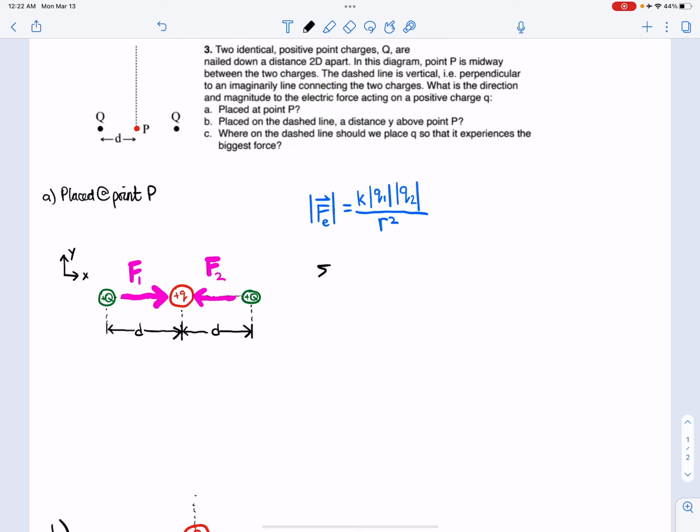So first off, I know that I have no force acting along the y component, right? So Fy is going to be 0. I know that. How do I know that? That's because the positive charge Q at point P is midway between the two identical positive point capital Q charges. Okay, so no y component forces.